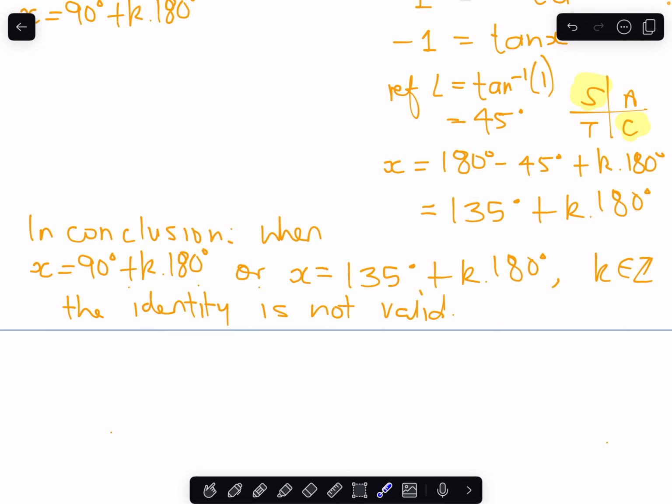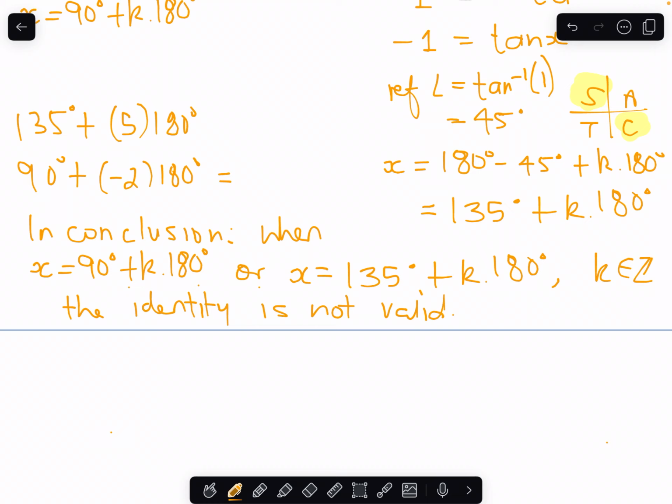Over here, let's take 90 plus minus 2 times 180. And from this one, let's take 135 plus 5 times 180, right? K is any integer of your dream.